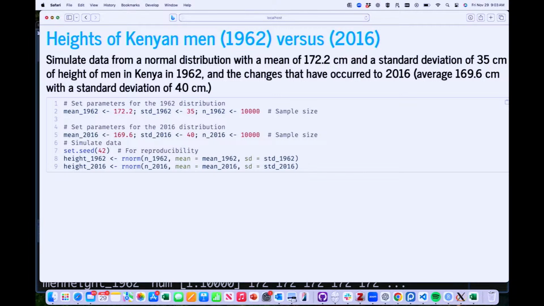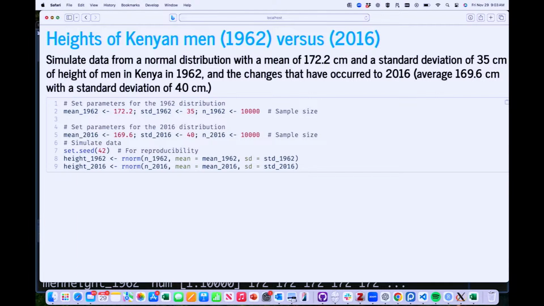Again, I've given a standard deviation of about 40 centimeters there. So essentially here we are creating two populations. The first population is what you've just completed creating, and then you have a second population that has these characteristics as mentioned. So could you create the second population with that?